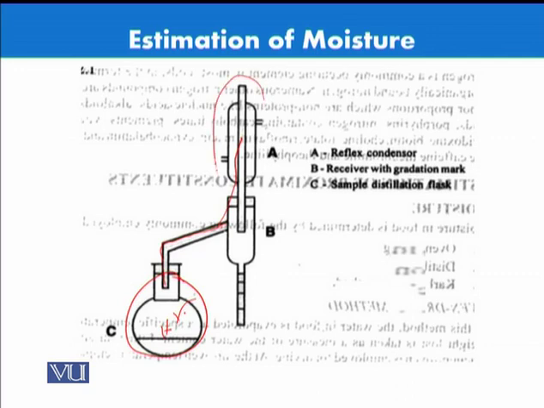This condenser normally is provided with a water inlet and outlet to reduce the temperature, and that lower temperature brings this solvent and water down into this flask. This is a graduated flask, so the graduated flask would give you the actual amount of water.